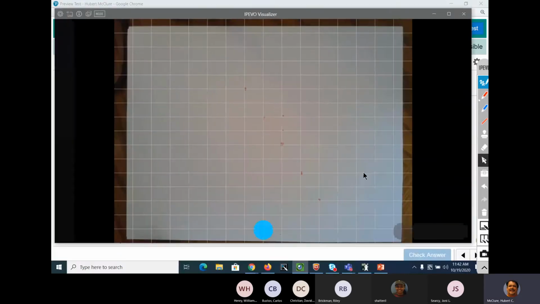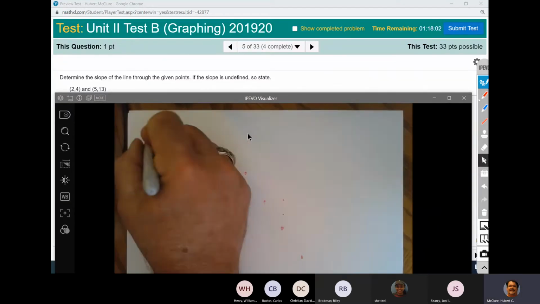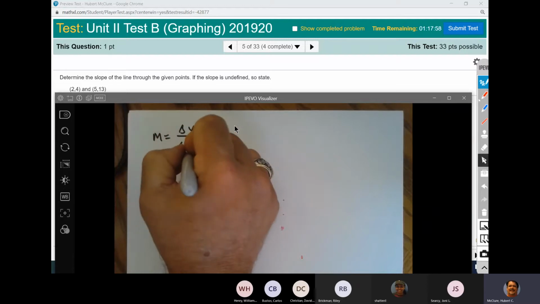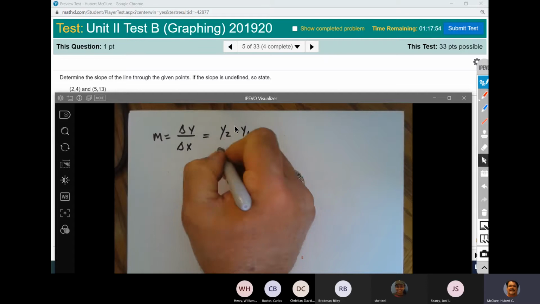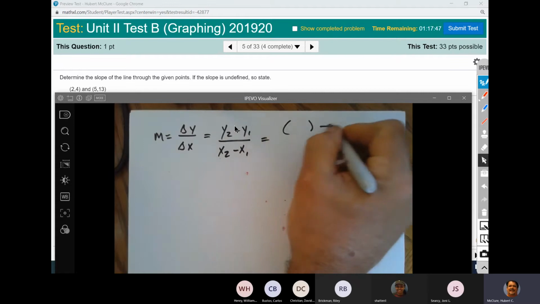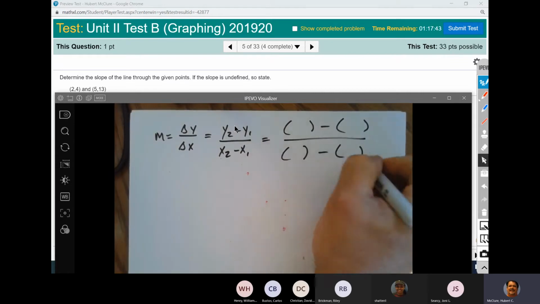Slope is equal to change in y over the change in x. Y sub 2 minus y sub 1 over x sub 2 minus x sub 1. Parenthesis minus parenthesis over parenthesis minus parenthesis.